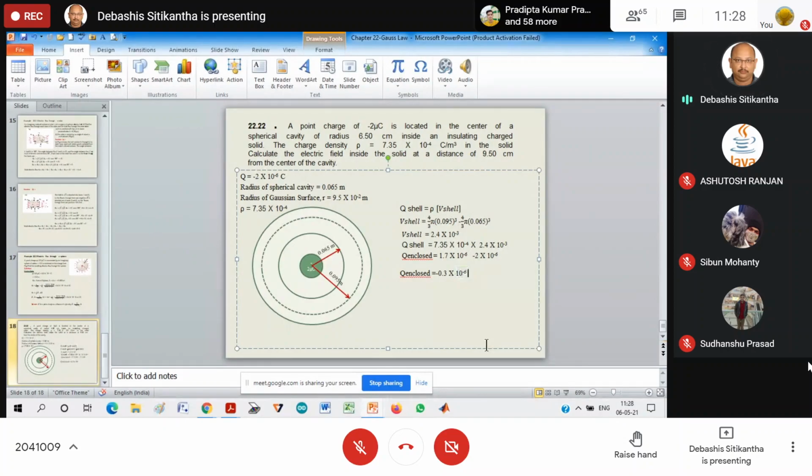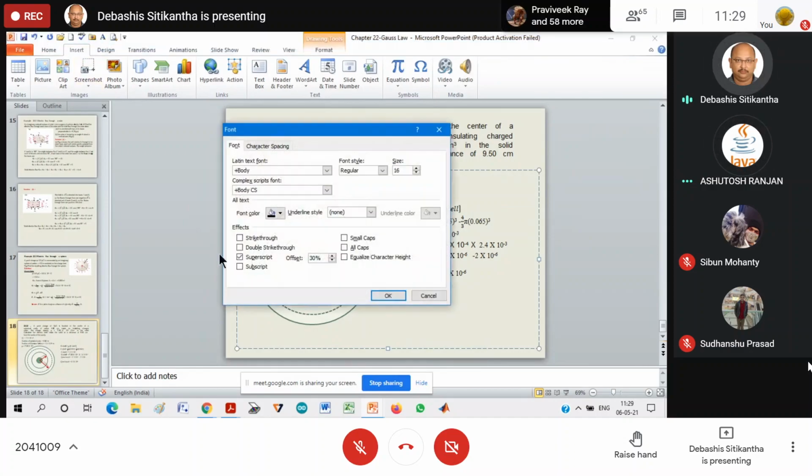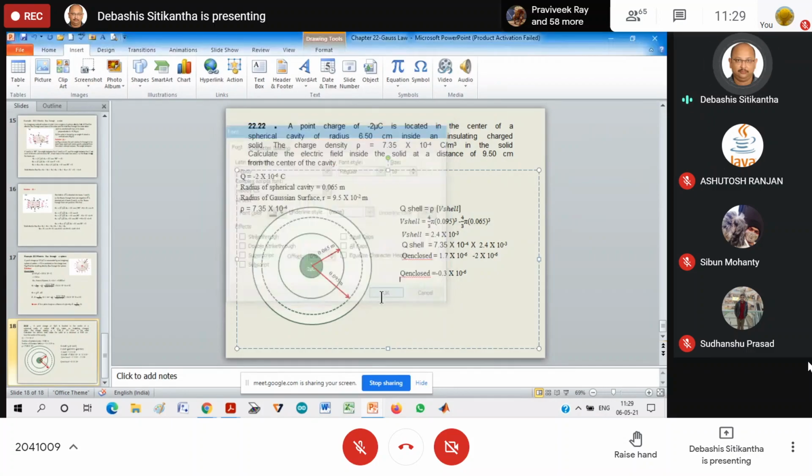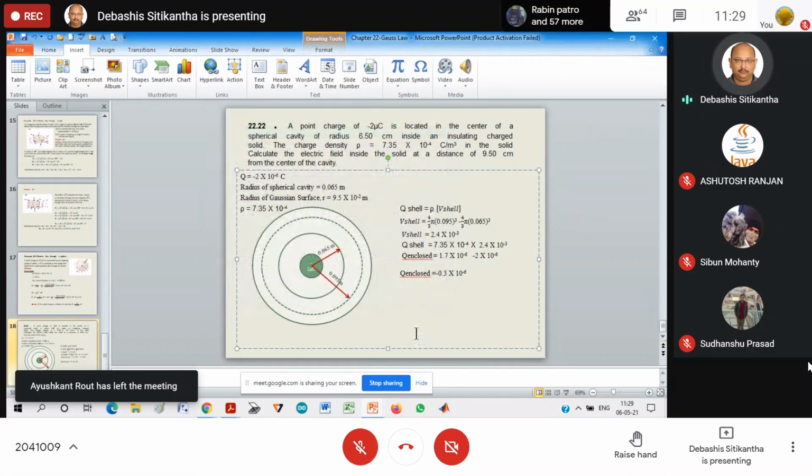Now what do we have to do? We have to calculate the electric field. Do it fast. How are you going to calculate the electric field? Sir, integral of E dot dS is equal to. Yes, that's correct, very good. So that's the right answer.